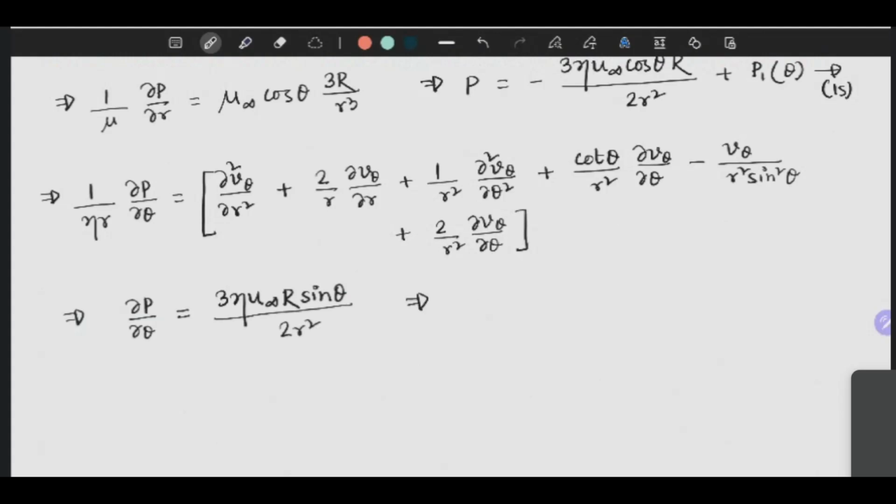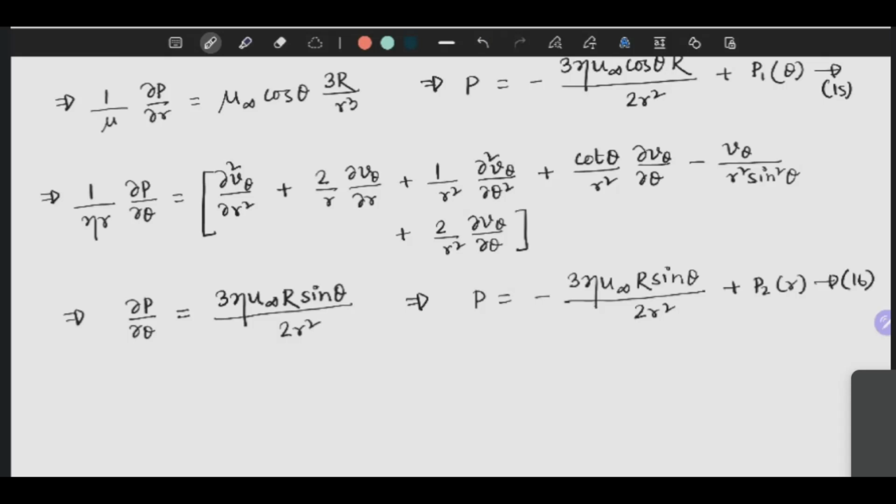From here you can get P is equal to minus 3 eta u infinity r sin theta by 2r square plus p2r. This is equation 16.